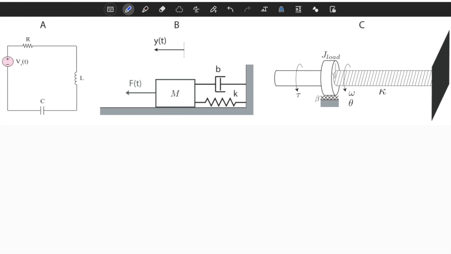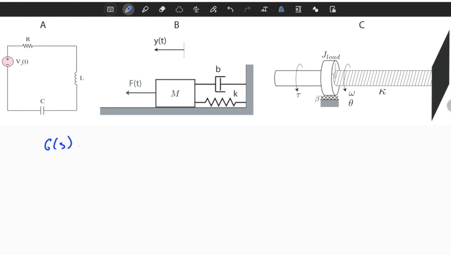Okay, so we have an electrical system, a mechanical system, and a rotational mechanical system. This is an RLC circuit, this is a translational spring damper, and this is a rotational spring damper. If we model these systems, we will see that all of them can be modeled in this general form.